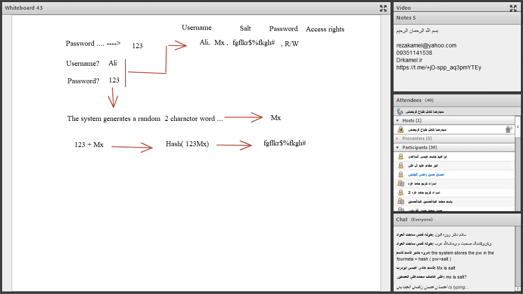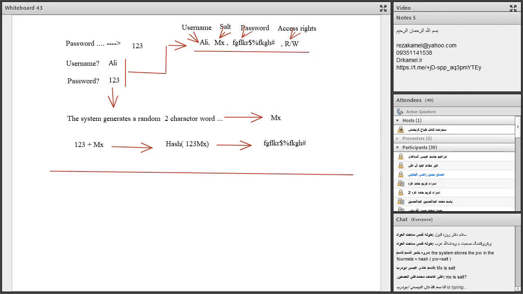I will just point out each field: username, salt, password, and access right. It's like this. So it stores these records for Ali, and now the process of storing the password is finished.